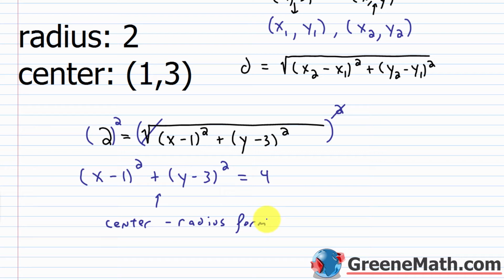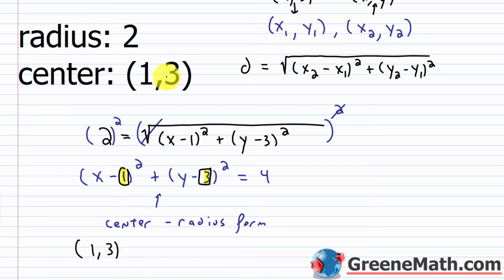Those two can go back and forth interchangeably. The key thing is that your center will be given by these numbers. As long as it's in the format of x minus something and y minus something, you just take whatever the numbers are, and that's how you find your center. So your center here is 1, 3.